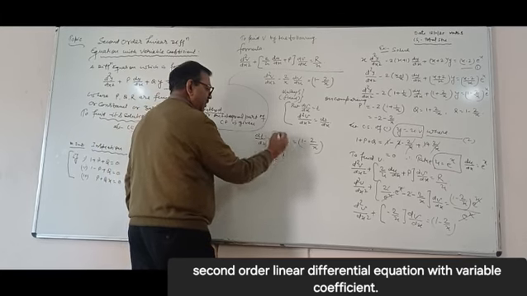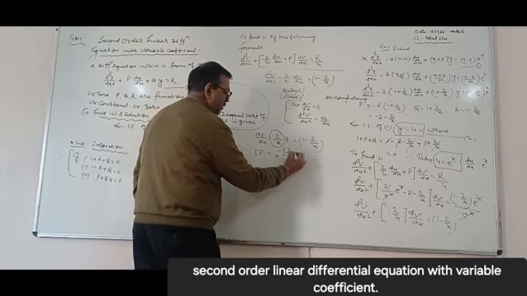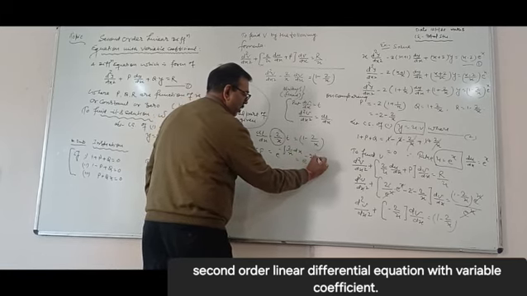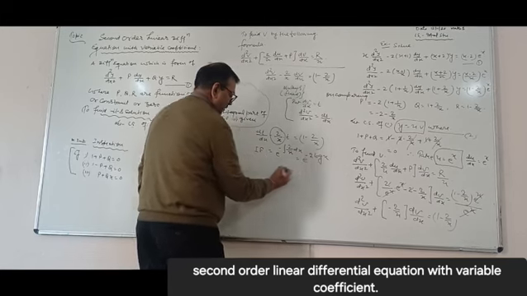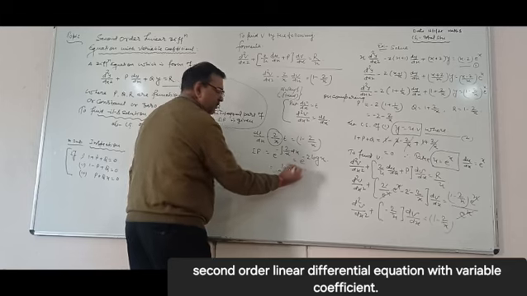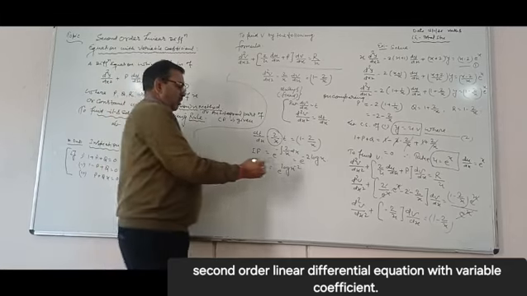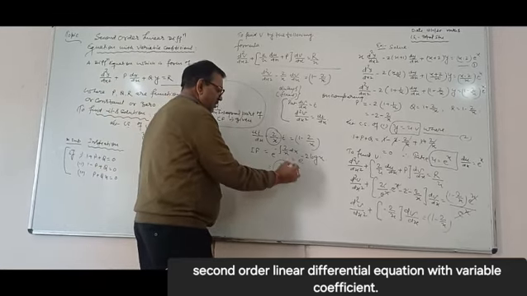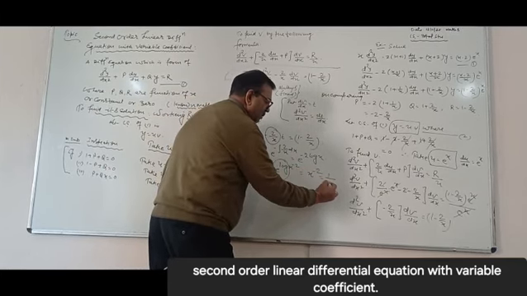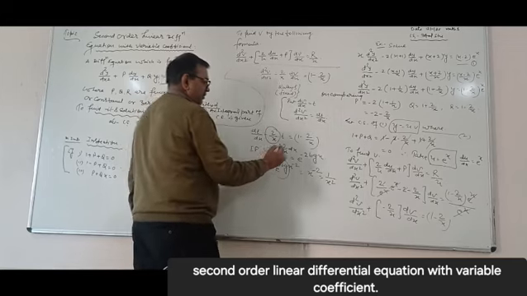Here p is −2/x, so e^(−2 log x) = e^(log x^−2), and log and anti-log adjust, so it becomes 1/x².